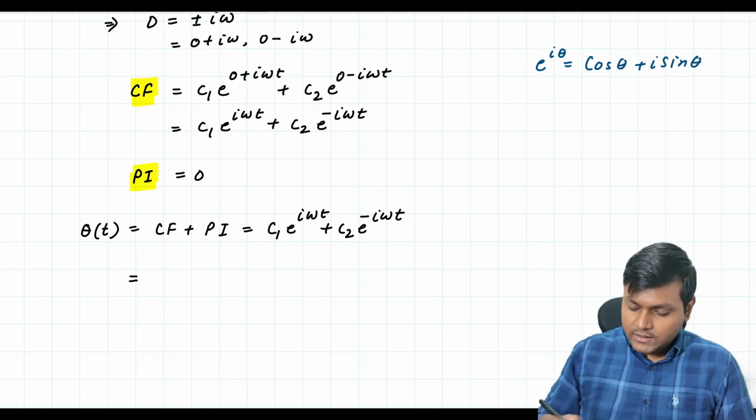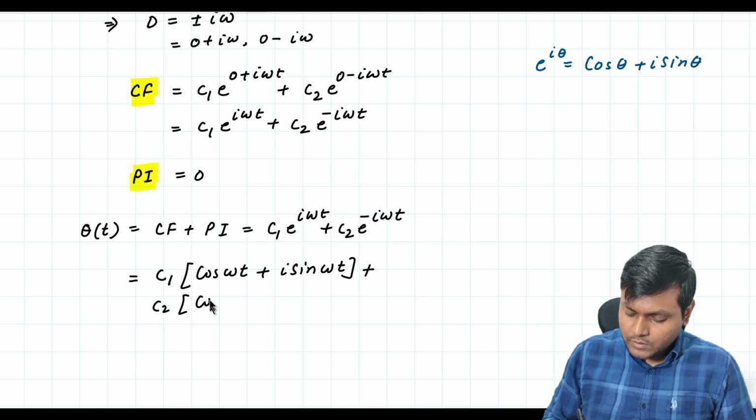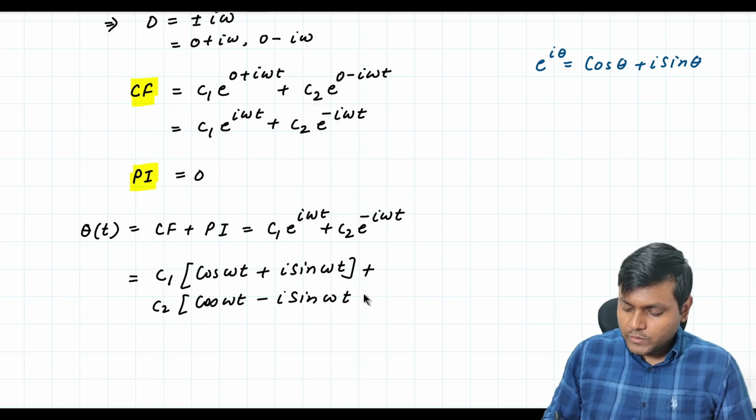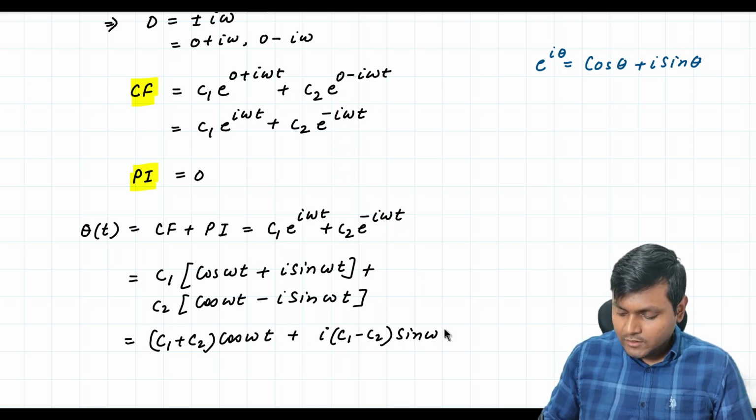So if I write down my solution in these terms, this becomes C1 (cos omega t plus I sine omega t) plus C2 (cos omega t minus I sine omega t). So this simply becomes (C1 plus C2) cos omega t plus I (C1 minus C2) sine omega t.